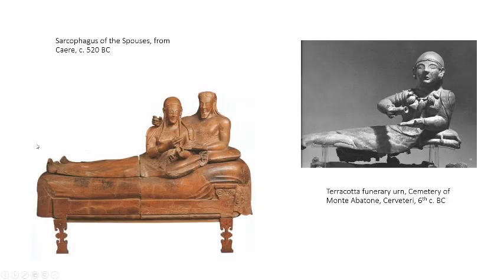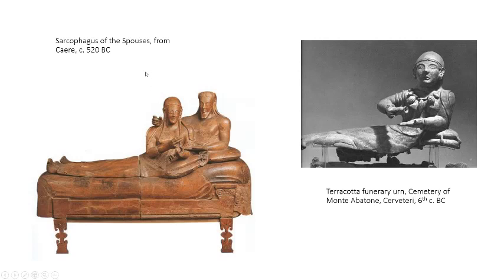It dates to the 6th century, this sarcophagus of the married couple or of the spouses, depending. We often change these names over time because we realized that was not really PC, how can we presume they were married. Anyway, here they are. And comparing that one to something else, also in the 6th century, from a different site.